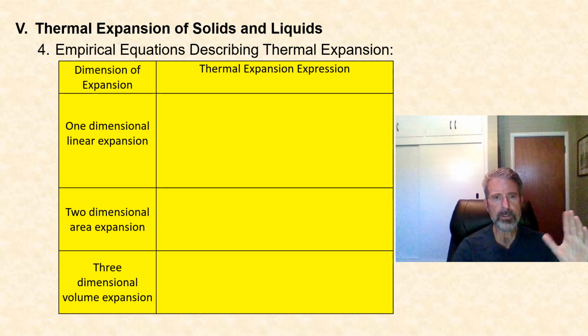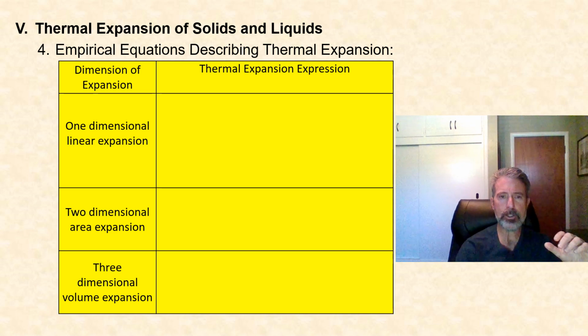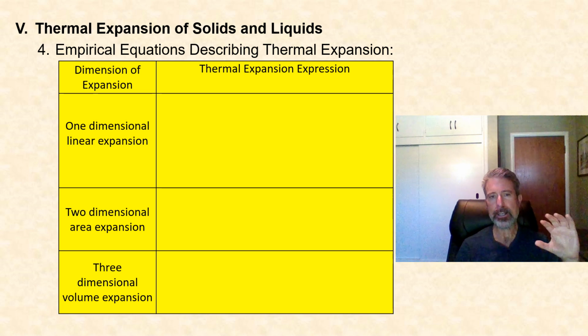So these equations are empirical, but I hope that they will make sense to you when you think about it. What sort of things will affect how much an object will expand in 1 dimension when its temperature changes? Well, I think certainly this equation should make sense to you.